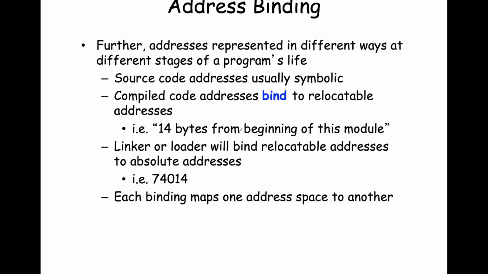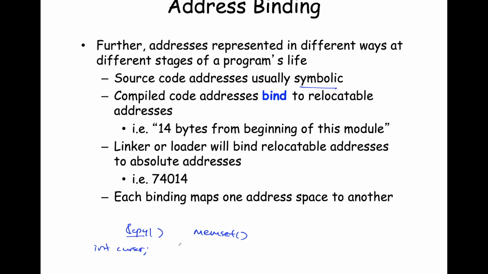And so addresses are represented in different ways at different points in the execution of a program. Typically when you're dealing with source code, you deal with so-called symbols. So you have functions like copy, functions like memset. You have names for variables like int cursor. Cursor is a symbol.